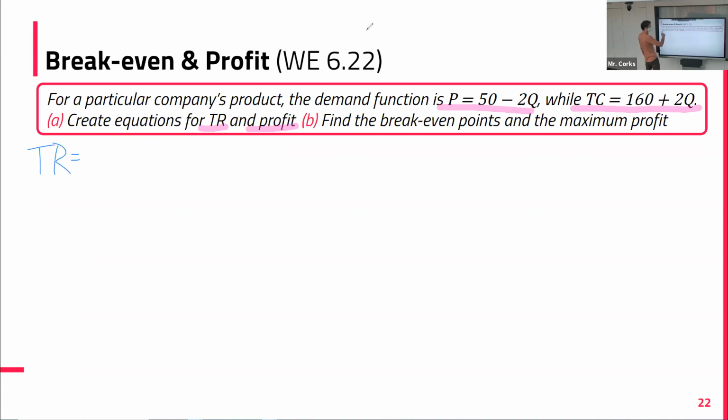All right, so total revenue is actually the same one that we had before: 50q minus 2q squared.